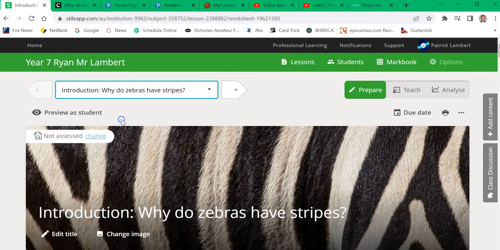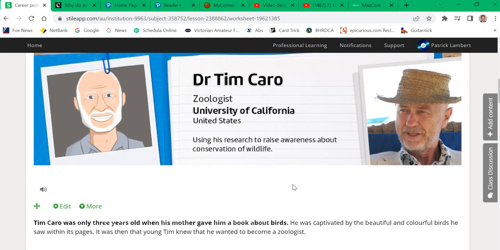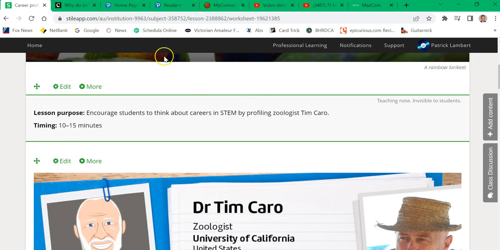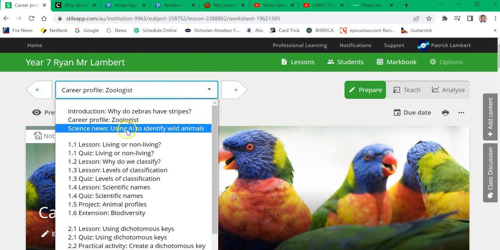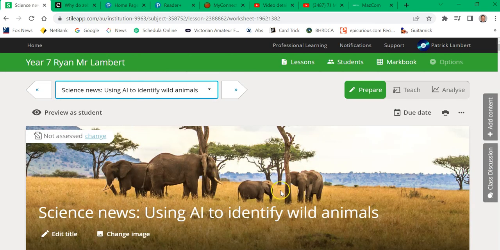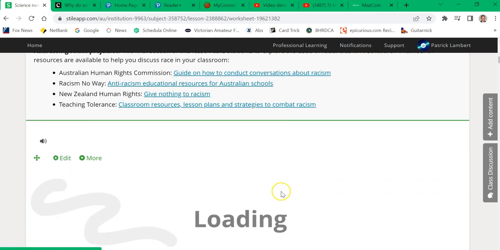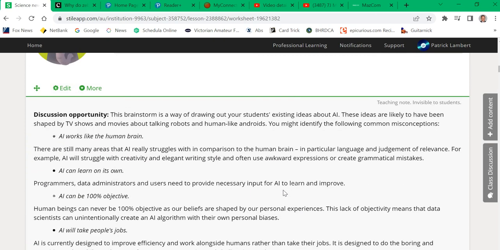Work your way through these. Career profile of a zoologist, which makes for interesting reading. And using AI to identify wild animals.